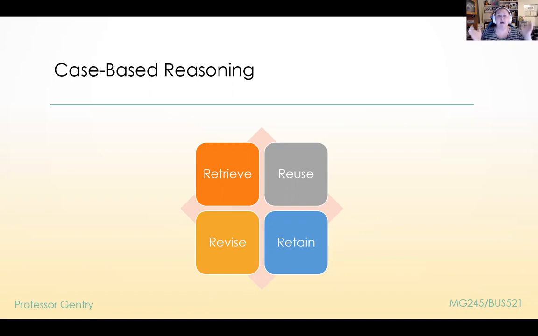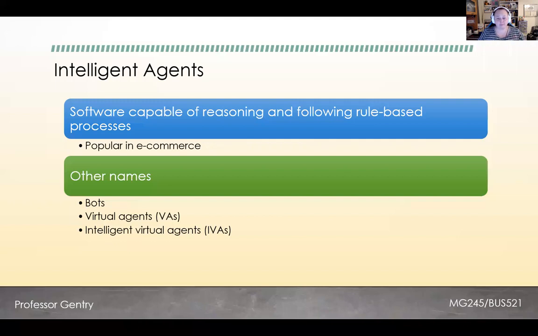If necessary, that problem solution combination is going to be revised in order to meet the needs of the new problem. And then finally, it's going to be retained. That new problem and its associated solution are then paired together and added to the database for future use. So that is how your database is going to grow with new problems.